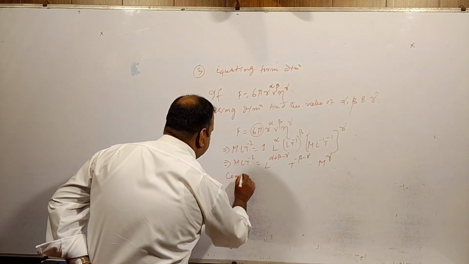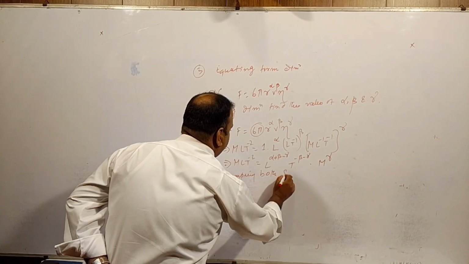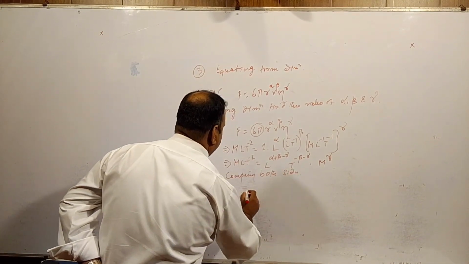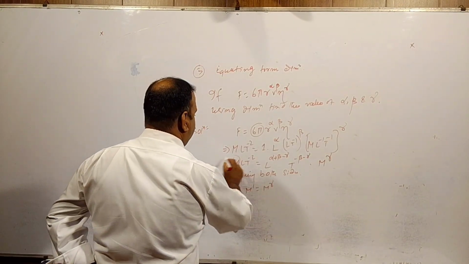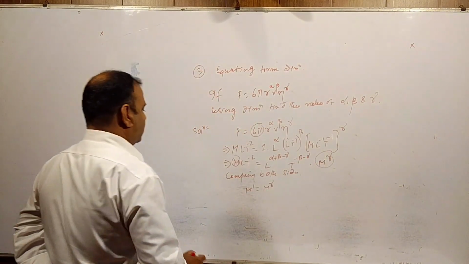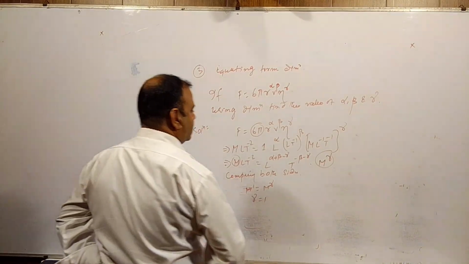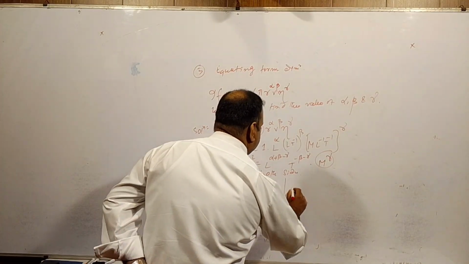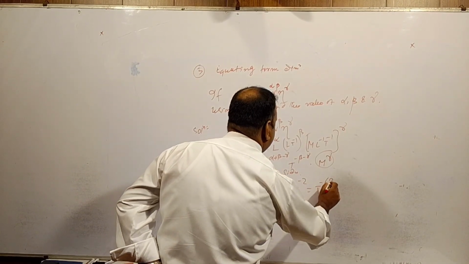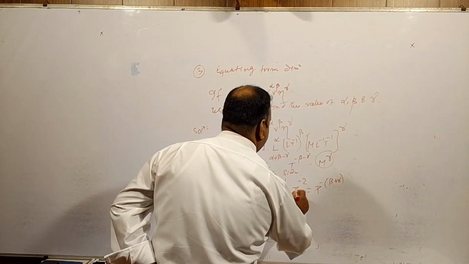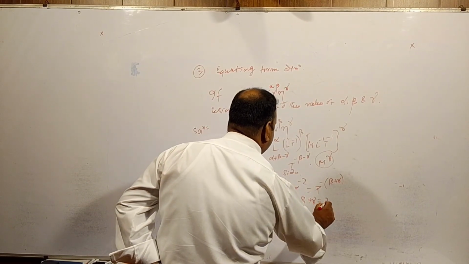Now see, comparing both sides, we will get M to the power 1 and M to the power gamma. So M will cancel, so gamma is equal to 1. Similarly, T to the power minus 2 is equal to T to the power minus beta minus gamma, so T cancels, and beta plus gamma is equal to 2.